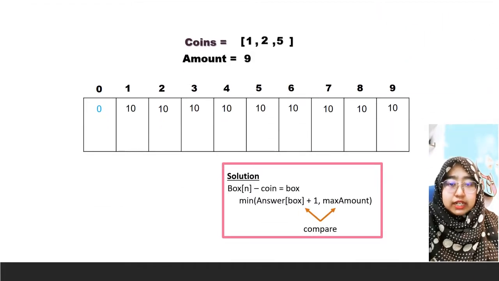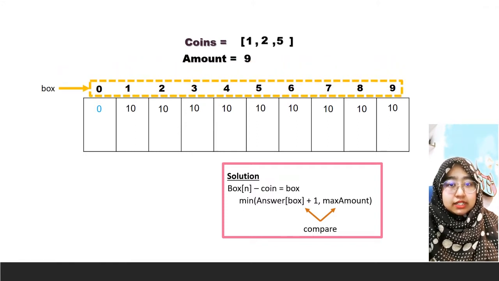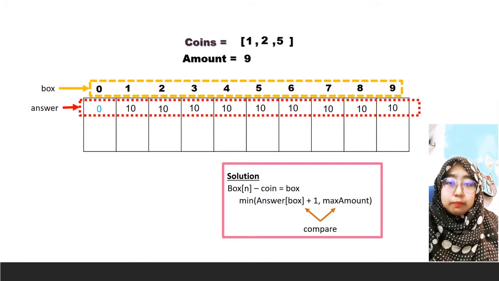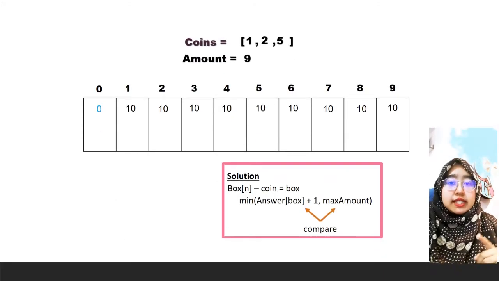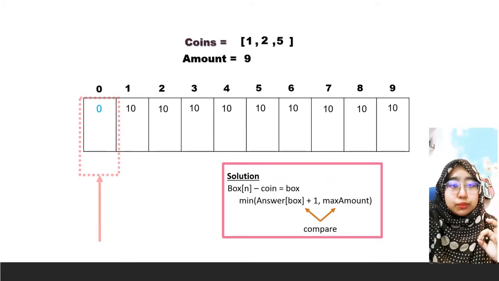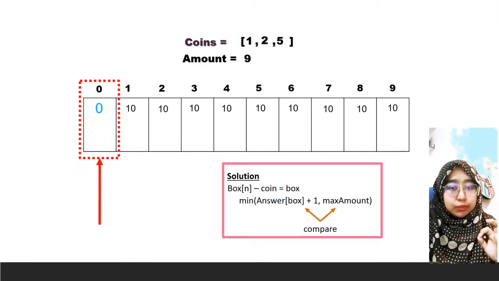So here is the solution, and I'm explaining it. First are the boxes. Here are the answers in the boxes, and here is the maximum amount. Notice that in box 0, the answer is 0 because there is no coin used there.